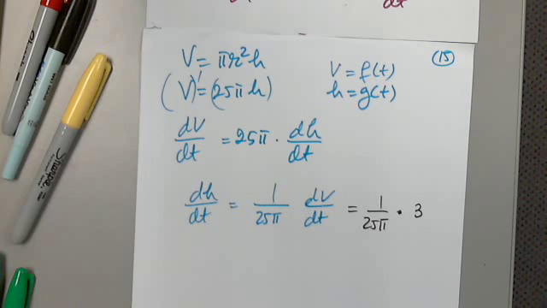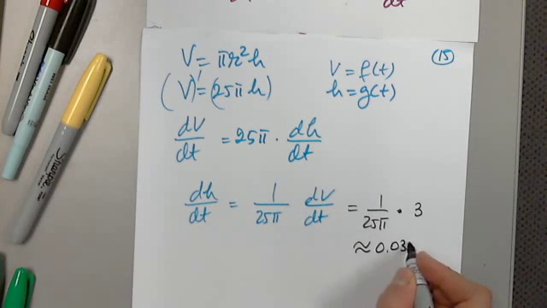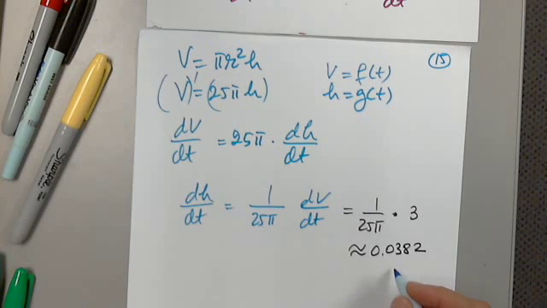So it's 0.0382, approximately, 0.0382, measurement unit, meters per minute. Very good. Indeed, meters per minute.